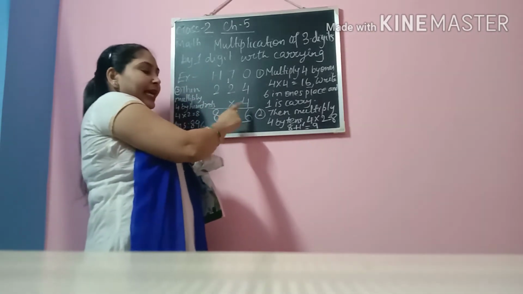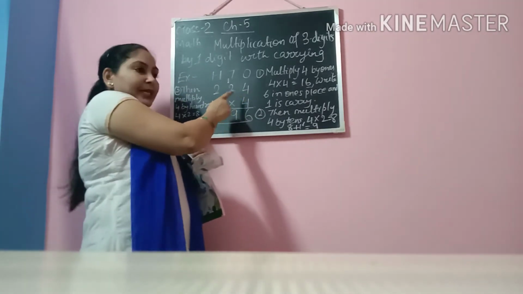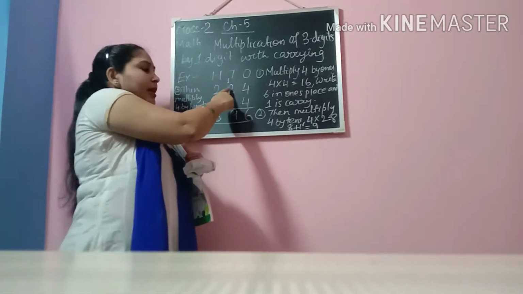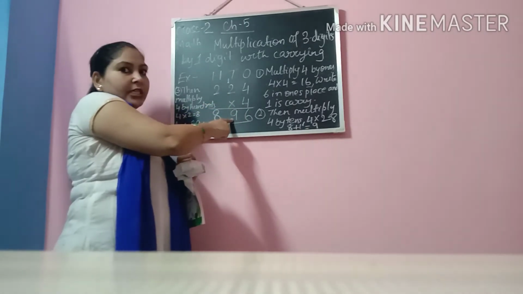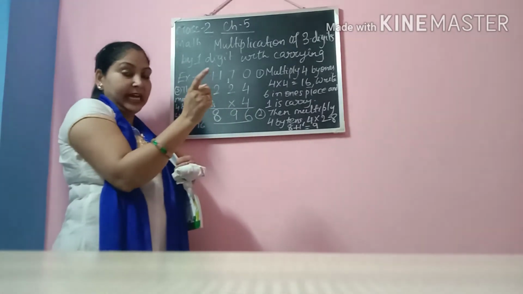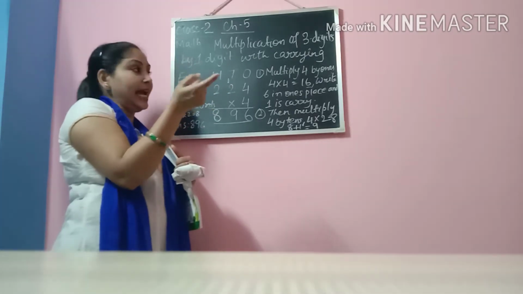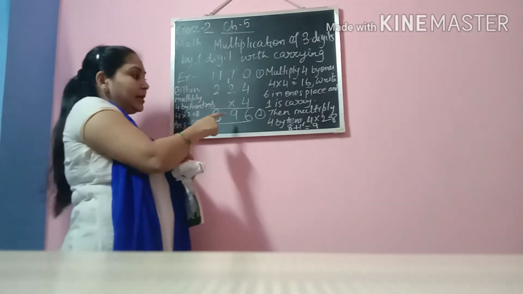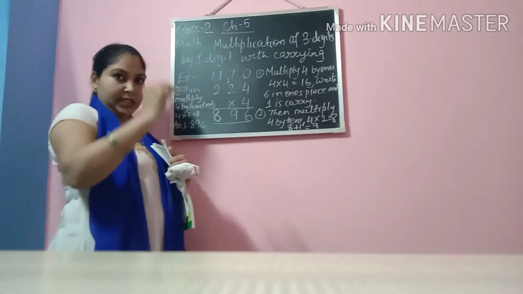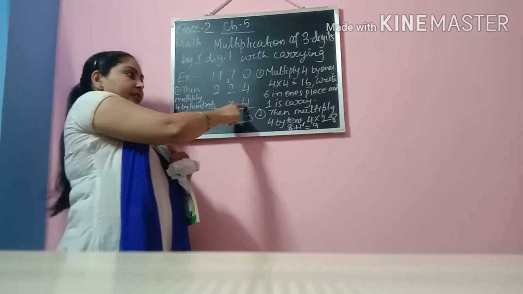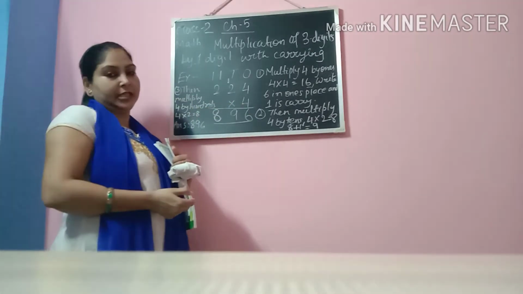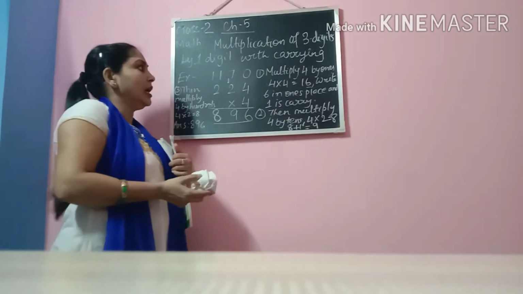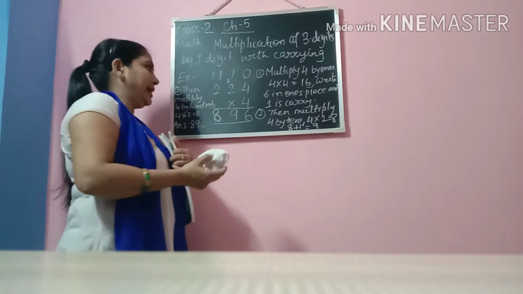Then we will multiply the tens place multiplicand with the multiplier, and whatever answer we get, we will not write that answer, we will keep it in mind, add the carryover, and then after adding, whatever number comes we write just below in the tens column. Then we multiply the hundreds place, and finally we get the answer. Okay, so I will do one more example so that it becomes clearer to you.